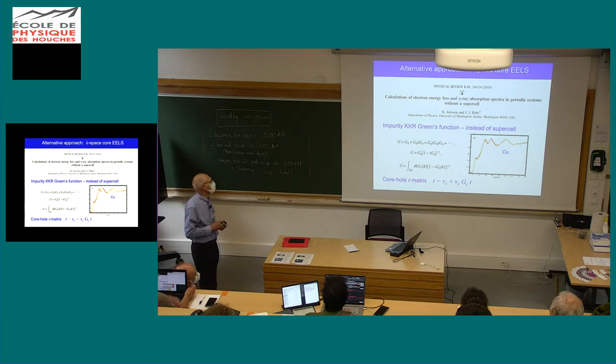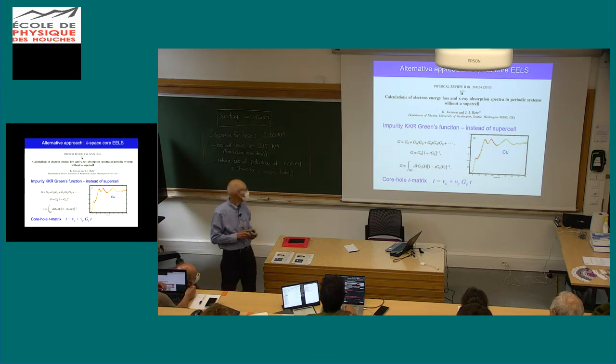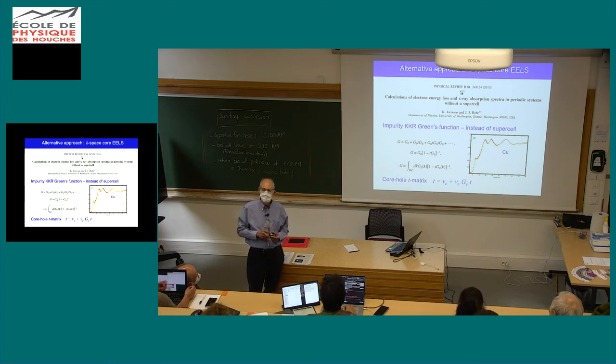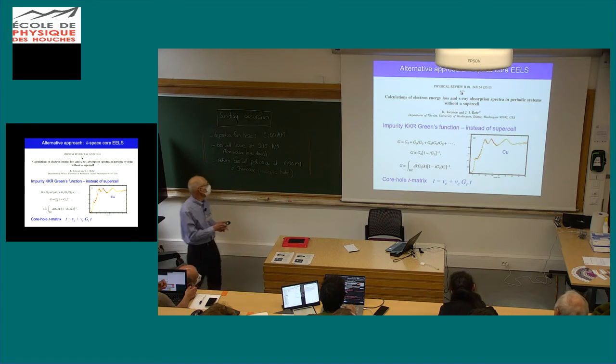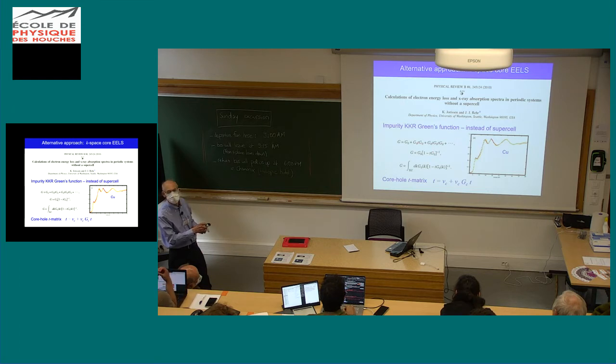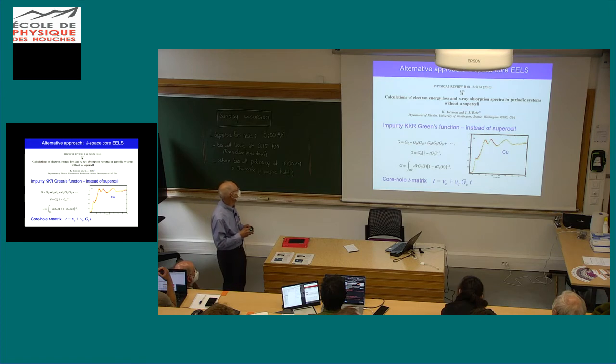Another aspect of EELS, or actually any kind of core spectra, is that the main difference between a ground state calculation and calculations with a core hole is that there's an additional T matrix at the core. And it's just one of these T's that's different, ignoring a little bit of overlap with next shells.